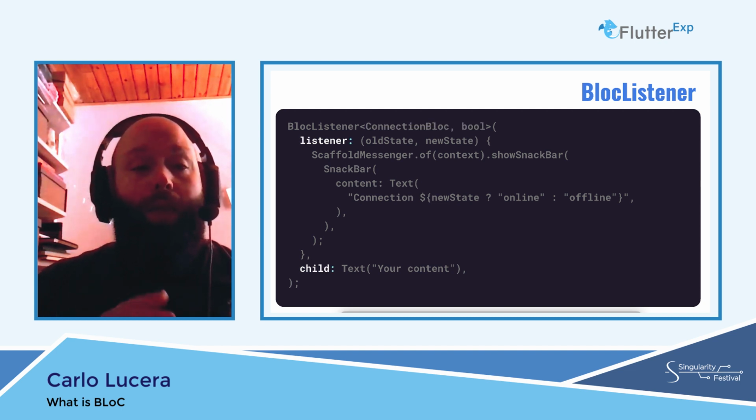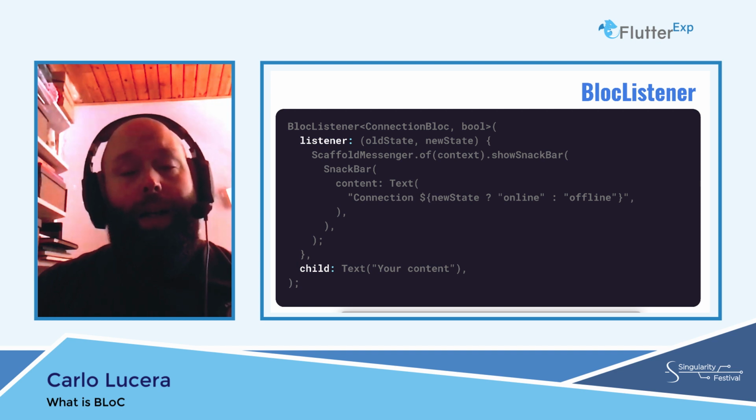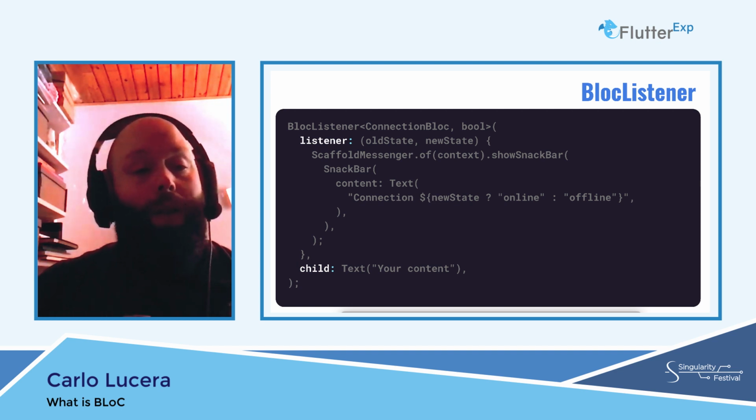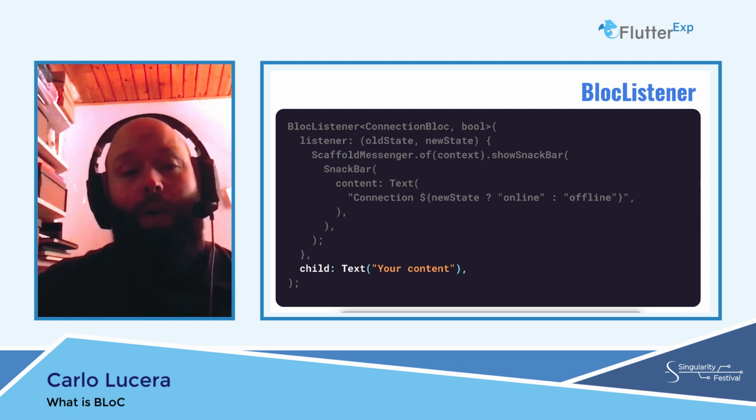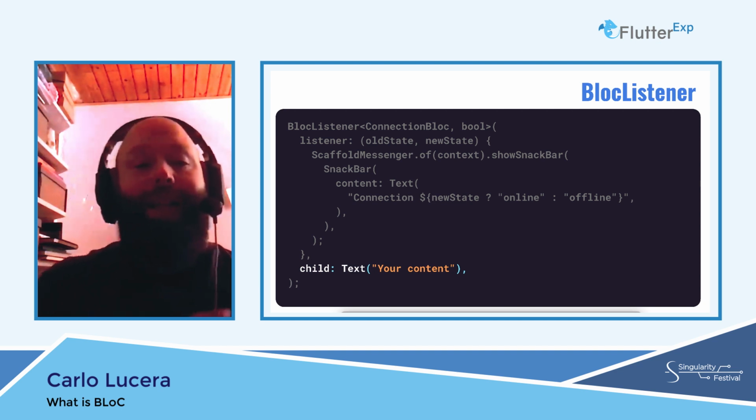In this case, we have two parameters, the listener and the child. What's the difference? The difference is that when the state changes, the child will not be rebuilt, because this is not a block builder but just a listener.